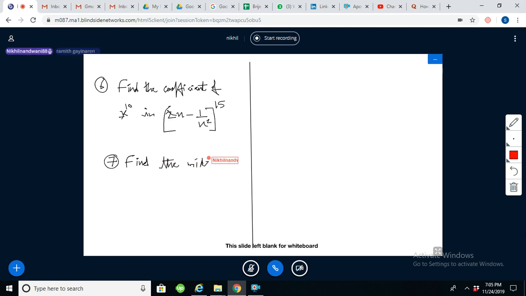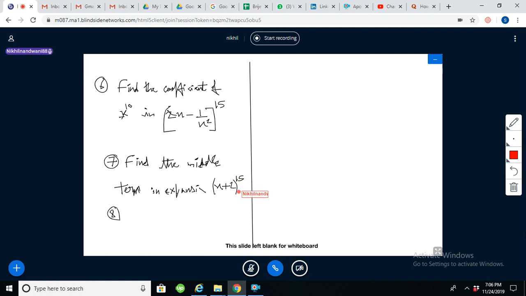Which term do we have to find? It's not so easy. I will tell you how to do that question. Okay, just one second. So find the middle term in the expansion (x + 2)^15, say.